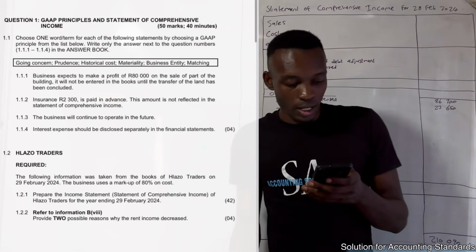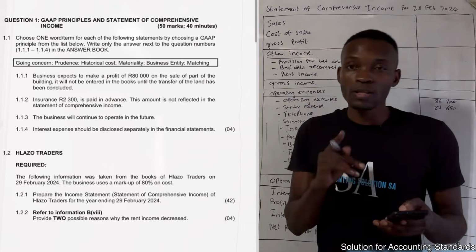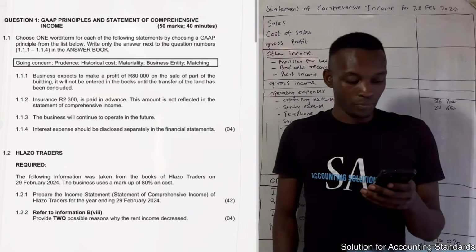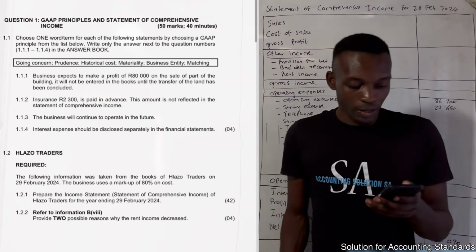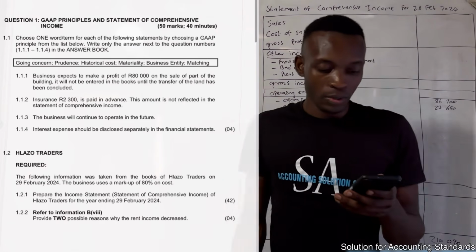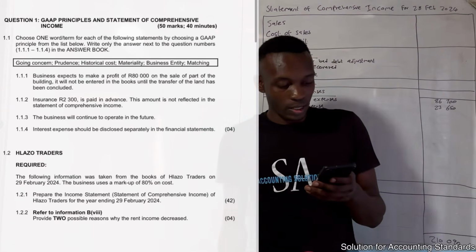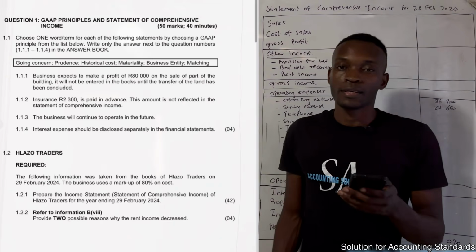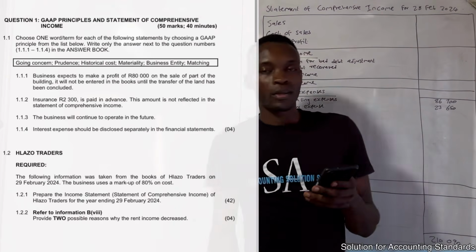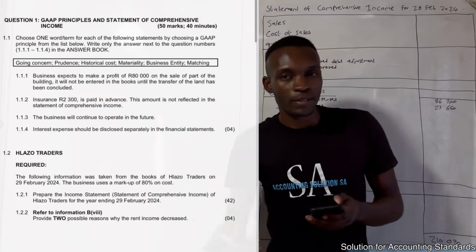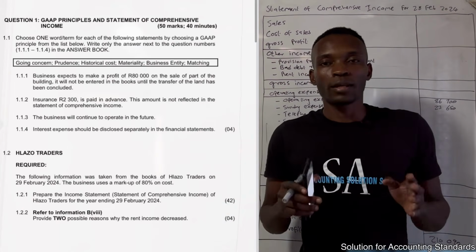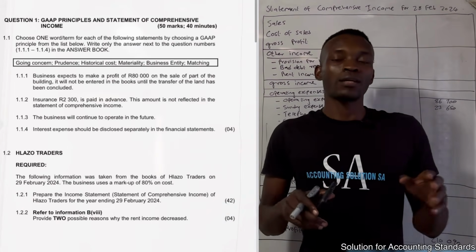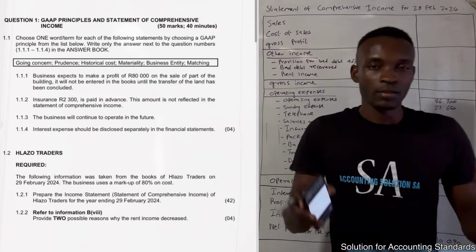The next one: insurance of 2,300 is paid in advance. This one is very, very important. This amount is not reflected in the statement of comprehensive income. When we prepare an income statement, the principle says we must only focus on the transactions of this year.